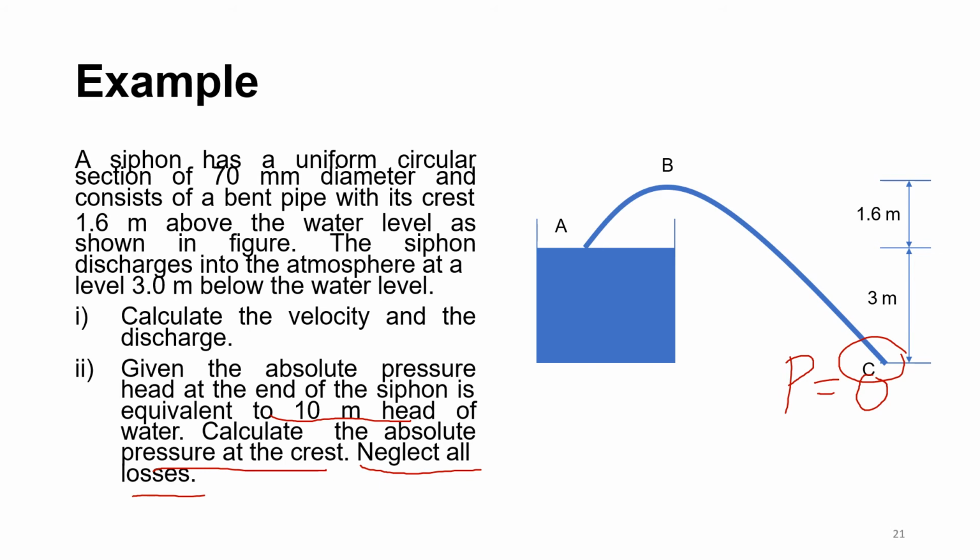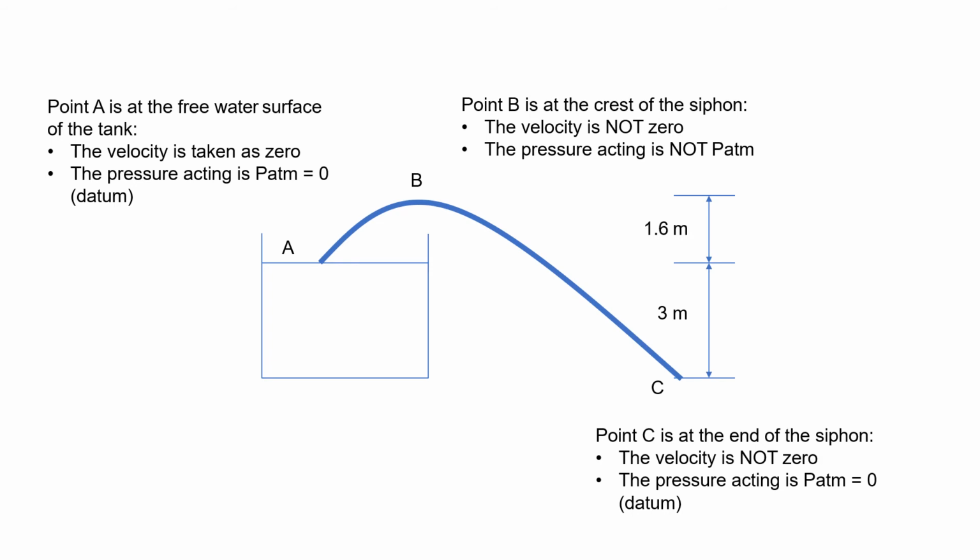Okay, so B is another condition of the siphon. So this is how we understand the question. We have point A. Point A is at the free water surface, and the velocity is taken as 0. So this one you must remember: from atmosphere is 0, to atmosphere is 0. So pressure at point A is 0, and pressure at point C is also 0.